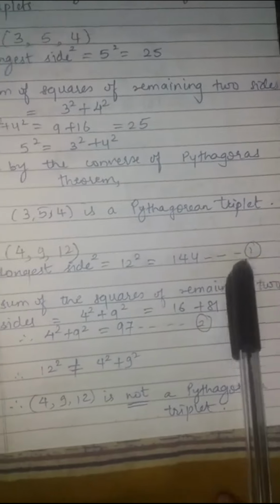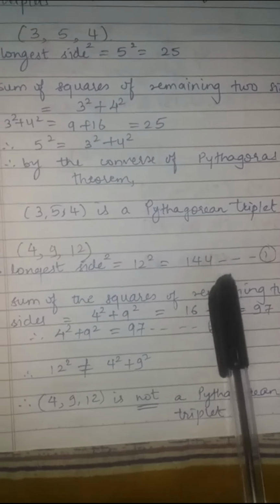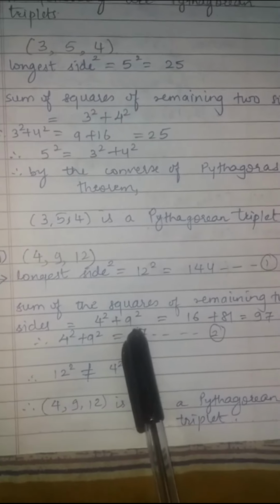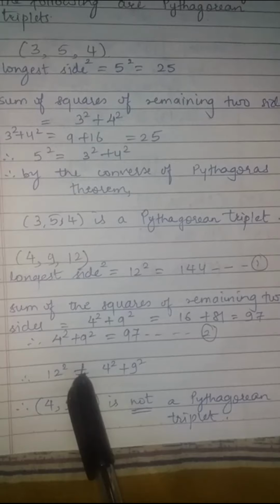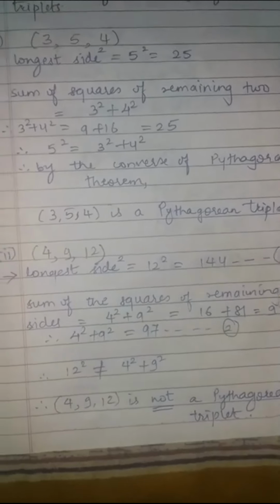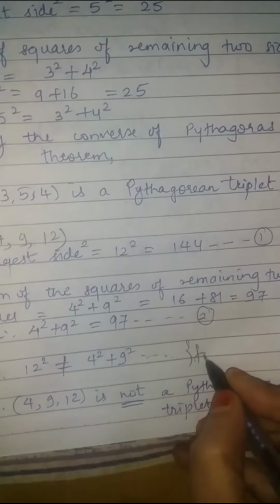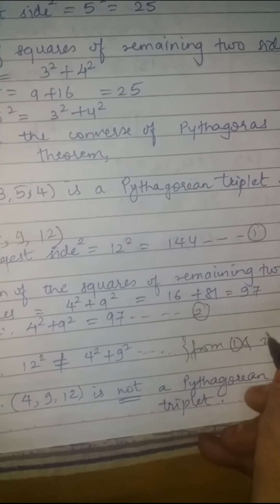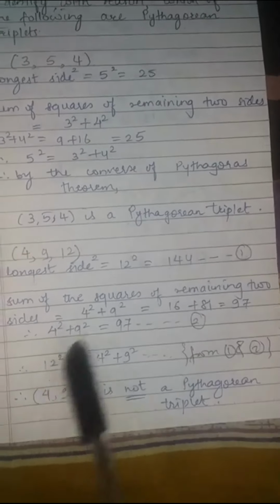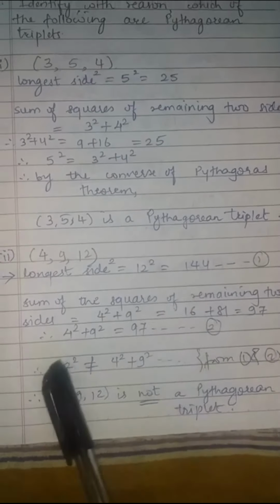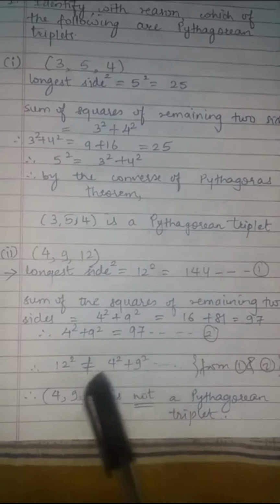So from 1 and 2 we are getting one side is 144 and the other is 97. So from 1 and 2 we are getting that 12 square is not equal to 4 square plus 9 square, right? You can mention over here that from 1 and 2 the values are not equal, so we have 12 square is not equal to 4 square plus 9 square.